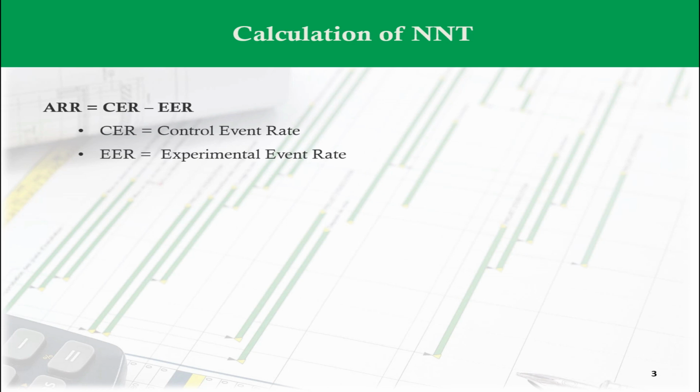The control event rate, CER, is the proportion of participants in the control group that have the outcome, whereas the EER is the proportion of patients in the experimental treatment group who are observed to experience the outcome of interest.